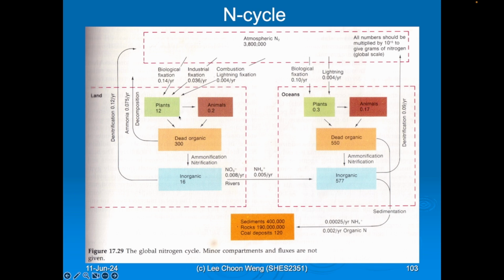Whatever is fixed is assimilated by plants, and when they die, ammonification and nitrification occur. There is a transfer from rivers to the sea, but mainly the processes are the same. Whatever is not recycled is sedimented into rocks and sediments, and this can be a form of reservoir or sink.